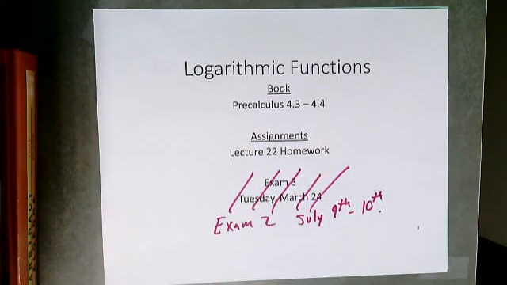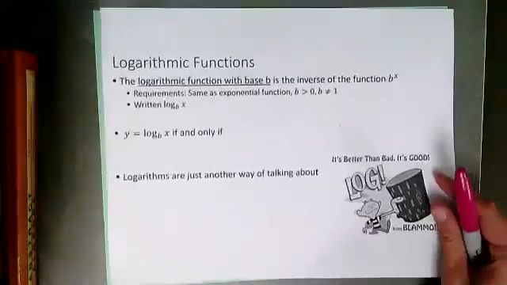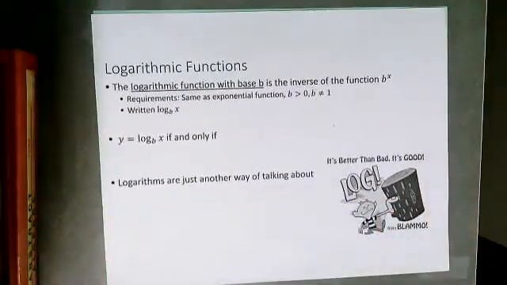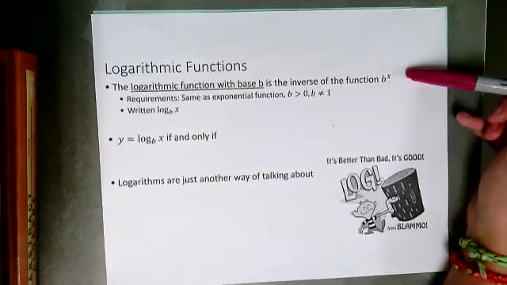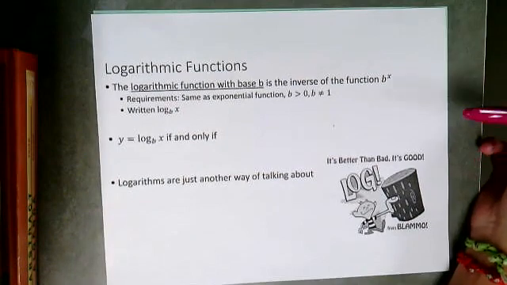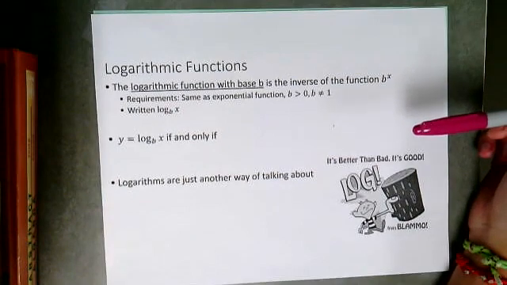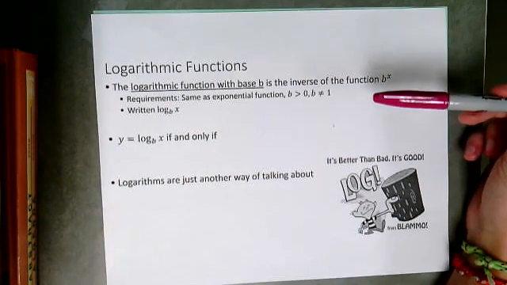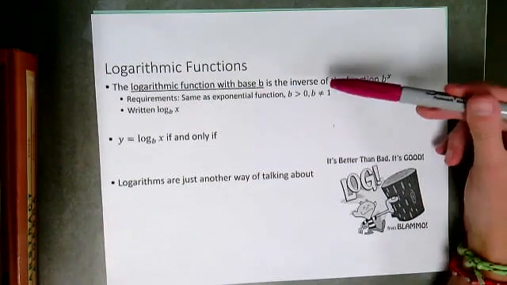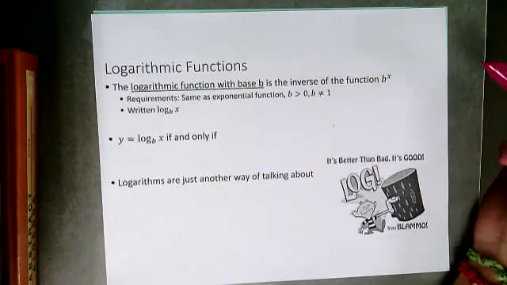Okay. Lecture 22, logarithmic functions. The logarithmic function with base b is the inverse of the function b to the x. Okay, so we have some requirements, the same as the exponential function, actually. The b has to be greater than 0, and b cannot be 1.